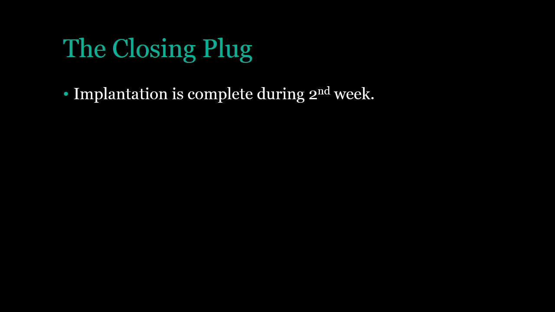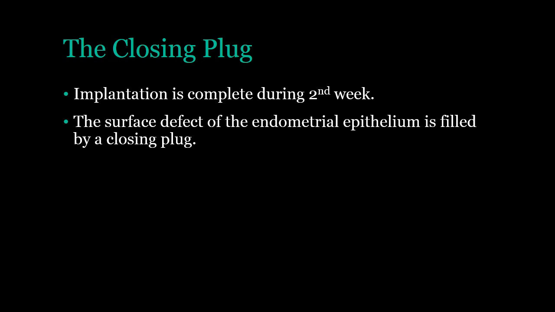So implantation of the blastocyst in the uterus leaves a surface defect on the endometrium. The process of implantation is complete by the second week, and the surface defect on the epithelium is covered by a closing plug, which is actually a fibrin coagulum of blood.